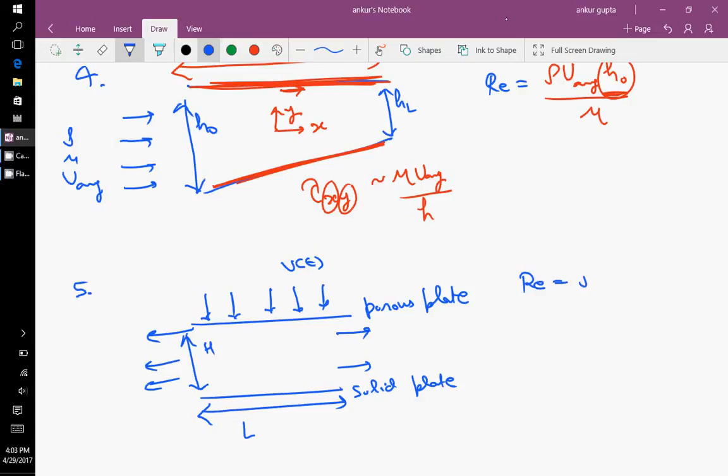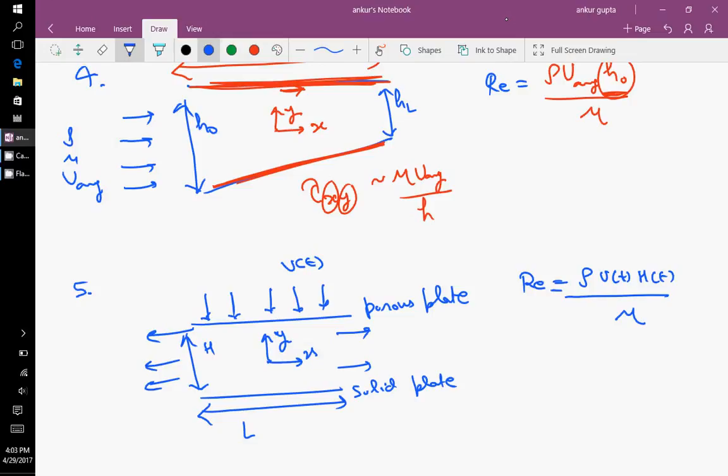So the way the Reynolds number was defined was rho ut ht by mu in the problem, and what we realized was that a lot of students did not understand that this Reynolds number is different than the other Reynolds number. So let's say this is x and this is y.